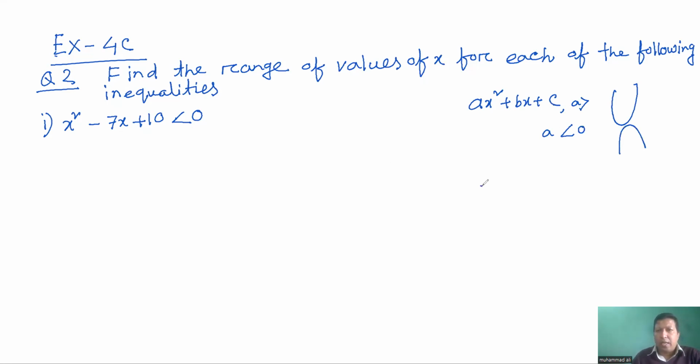Another thing, less than 0 means below the x-axis. If the curve is less than 0, that means the part of the curve under the x-axis. We have to find for what values of x this curve is under the x-axis. Now we try to solve this.